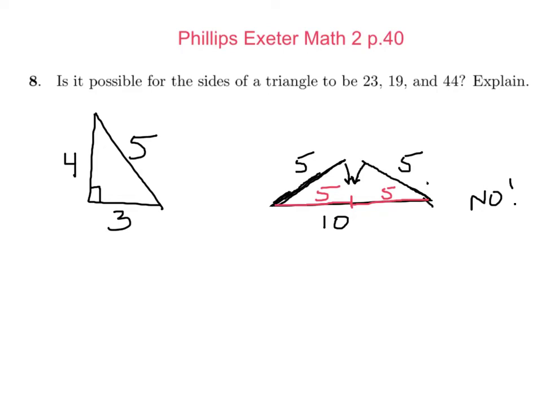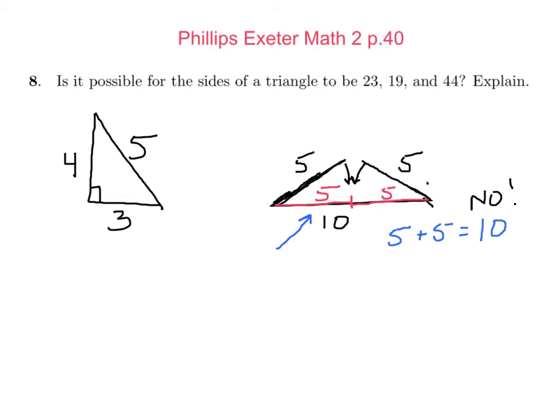These two sides that I just had on the 5, 5, and 10 equal 10. So 5 plus 5 equals 10, and because it equals 10, they're going to lie right on that line. It should make sense that they would have to be bigger than 10.